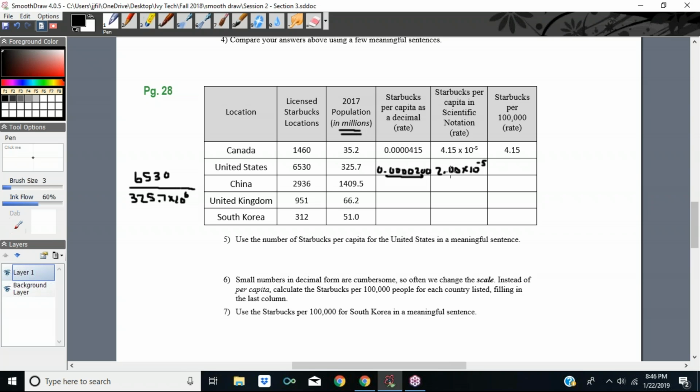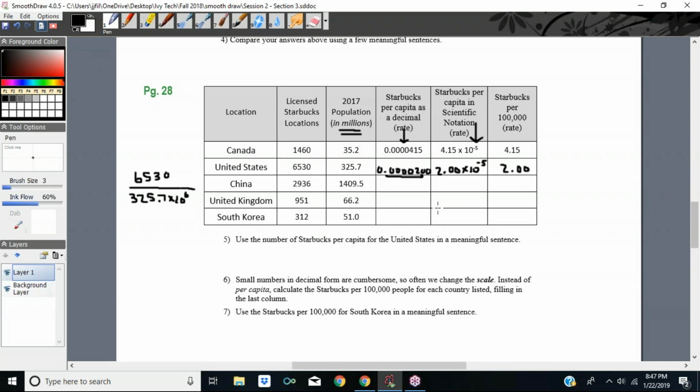We're either going to take this original answer and multiply it by 100,000, or we can move the decimal 5 places. Let's look at the scientific notation. One way is to multiply it by 100,000. Another way is, if we're multiplying by 100,000, we would move the decimal 5 places because there's 5 zeros, or add 5 to the exponent is another way to think about it. So if we add 5 to the exponent, it becomes 2. Or if you multiply it by 100,000, you get 2. Either way.